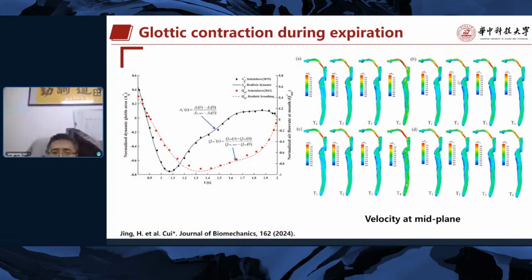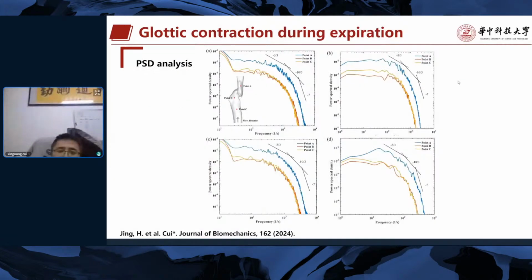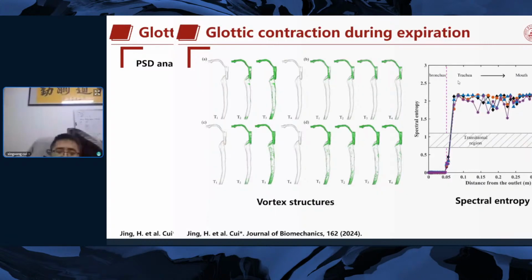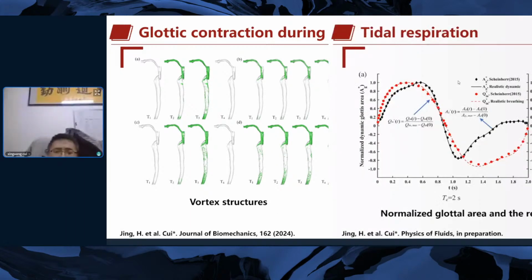In fact, we also had some research work on the aspiration flow case. We also did a PSD analysis and the SE analysis, and the results are somewhat similar.